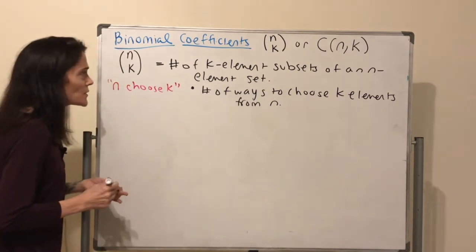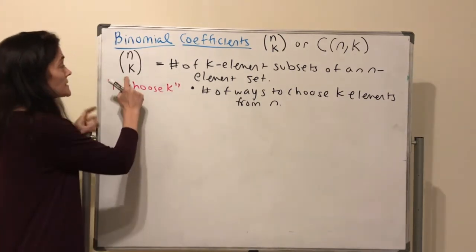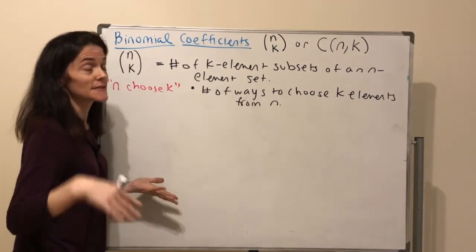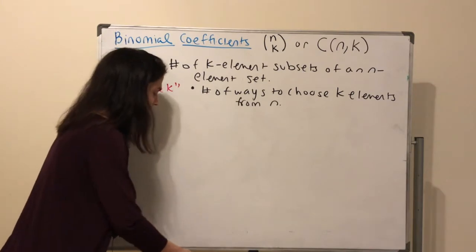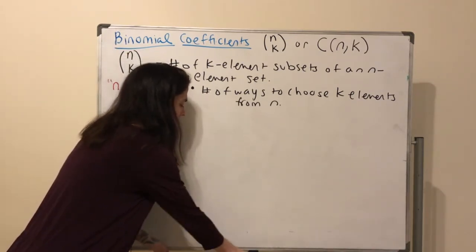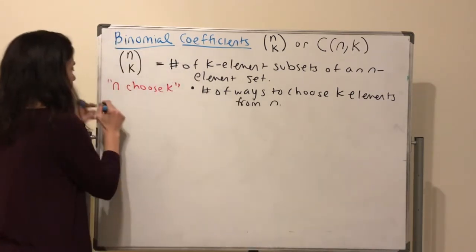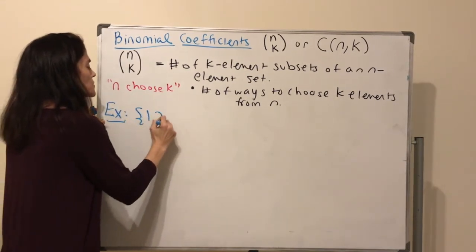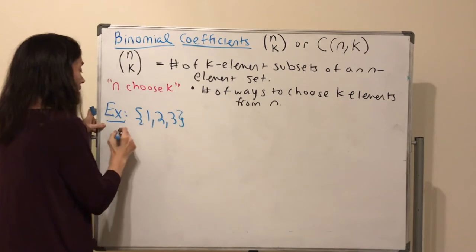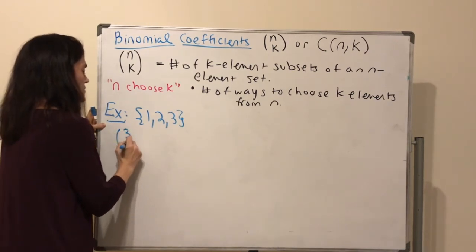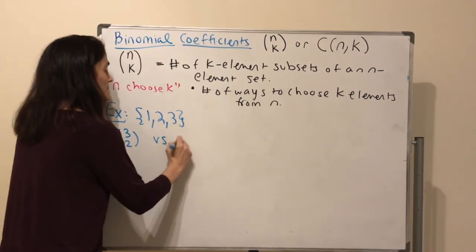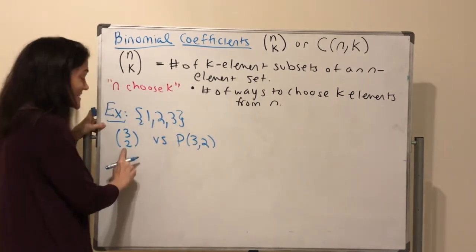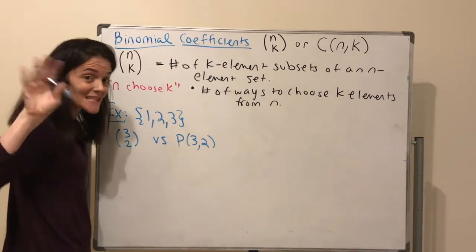Well, let's just do an example to think about this binomial coefficient and to compare to P(n, k), which we did discuss last time. Let's consider the set {1, 2, 3}. We have these two things: 3 choose 2 versus P(3, 2). This counts all two-element subsets.